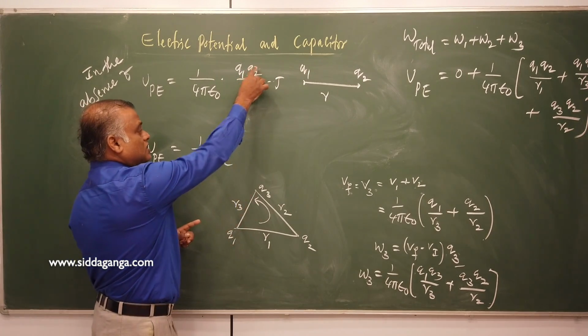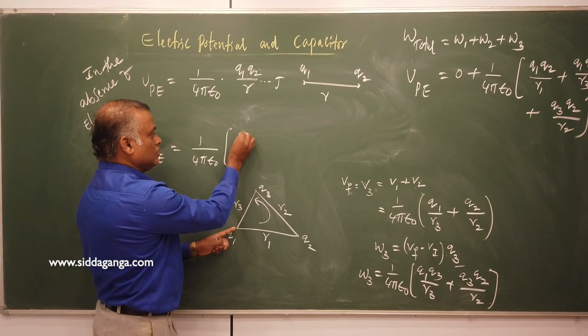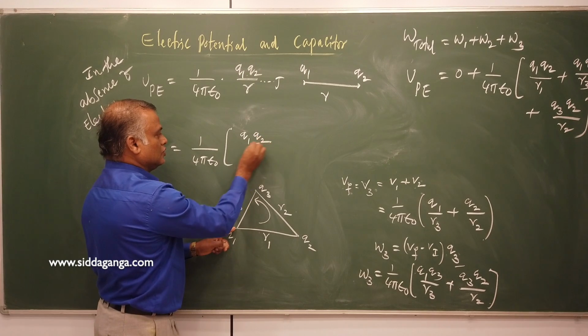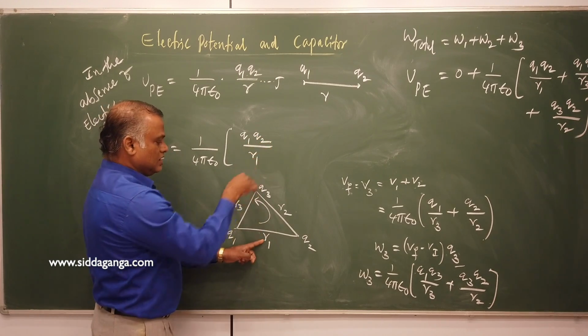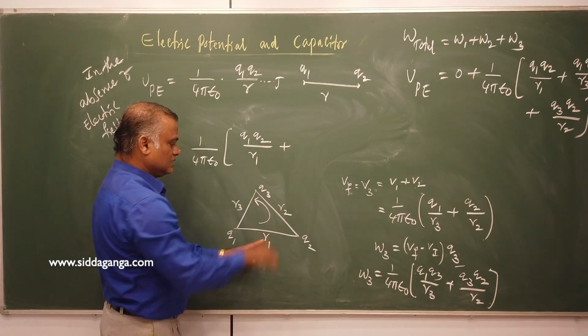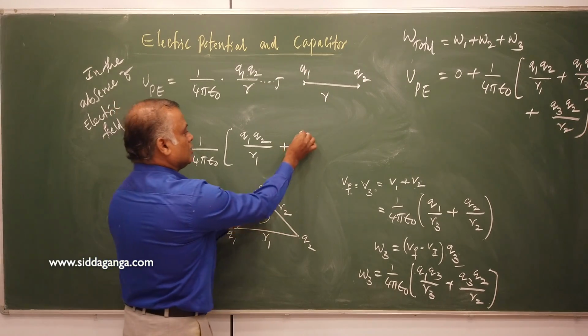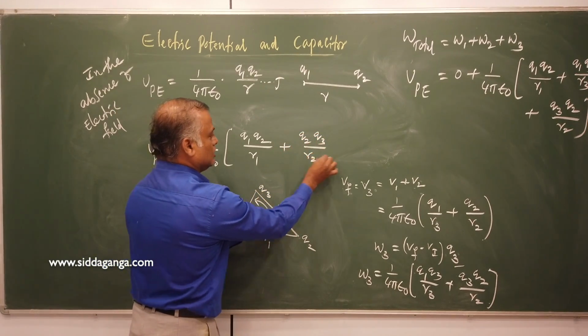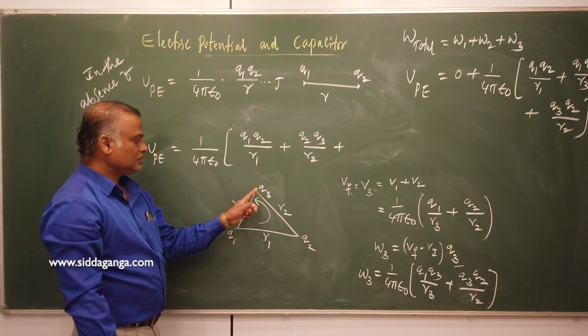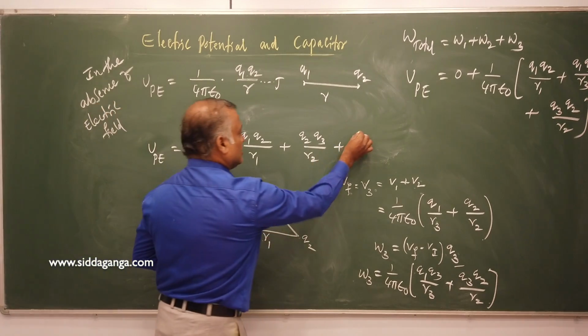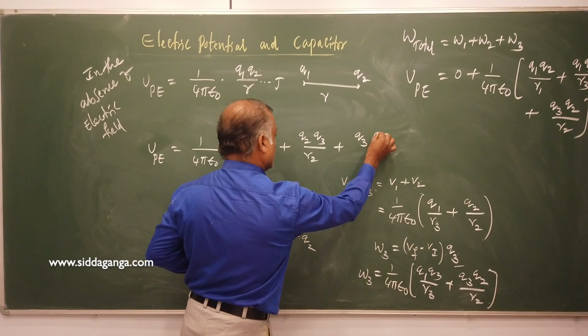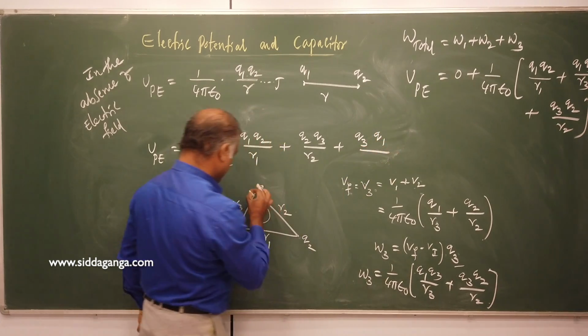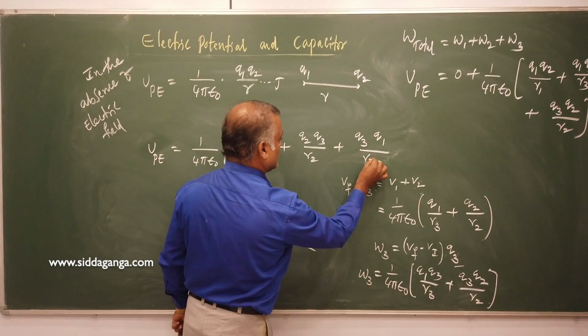You must have the product of two charges. Q1 Q2, that is 1, 2, divided by R1, plus 2, 3: Q2 Q3 divided by R2, plus 3, 1: Q3 Q1 divided by R3.